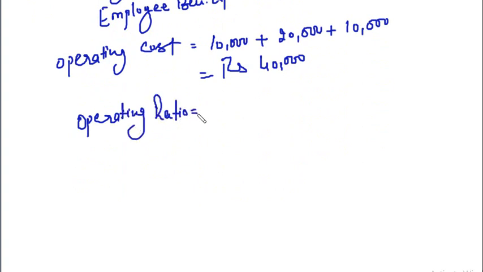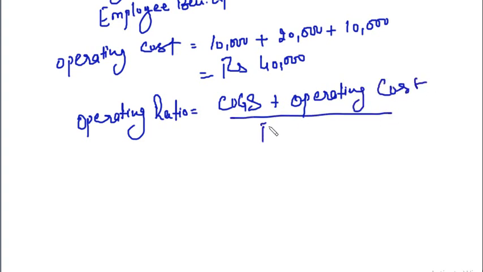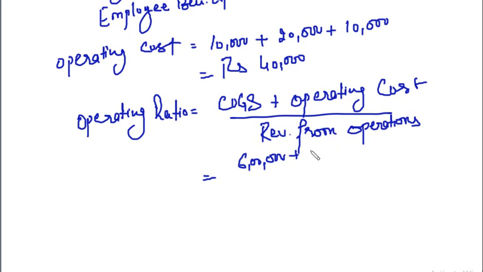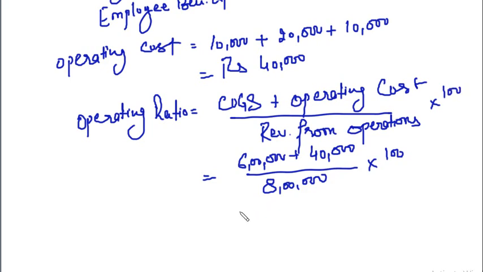Operating ratio is cost of goods sold plus operating cost divided by revenue from operations. Right? Cost of goods sold is 6 lakhs, operating cost is 40,000 and revenue from operations is 8 lakhs, multiplied by 100 because the profitability ratios are expressed in percentage.